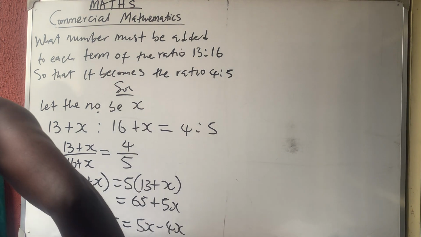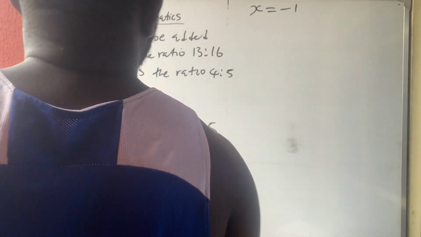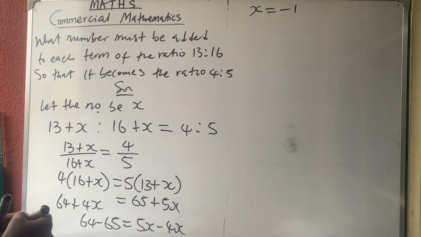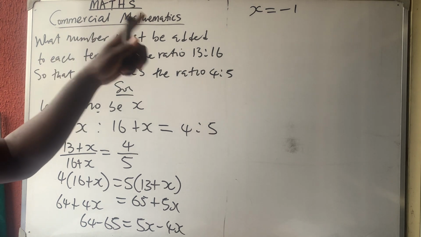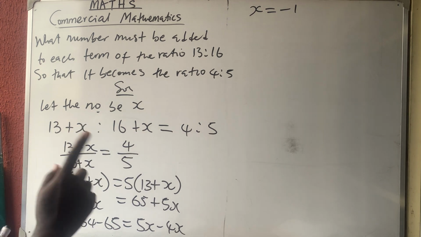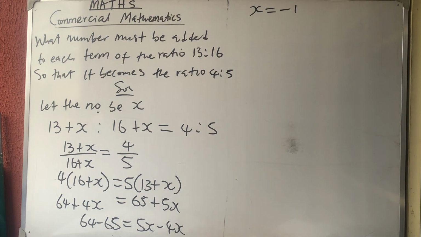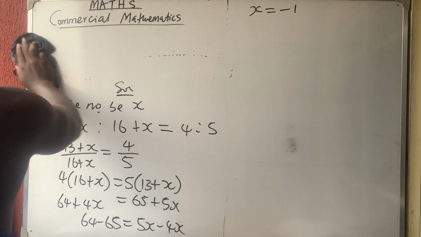So therefore, x is equal to minus 1. So you have gotten it. So minus 1 is to be added, which means we are subtracting 1 from each of them. You know that subtraction is just the opposite of addition. It's addition in reverse form. So that is that. It's a very simple question.